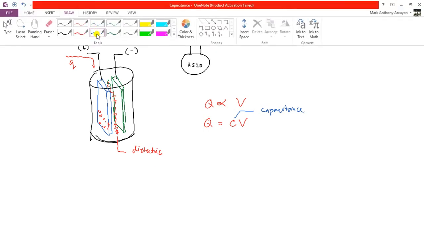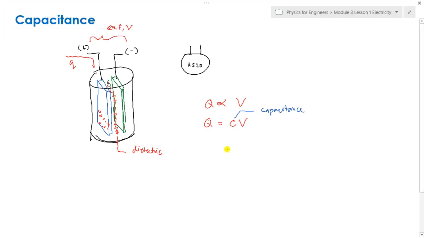And then unit analysis: charge is in coulomb, and voltage is in volt. So our capacitance is in coulomb per volt, or termed as farad.